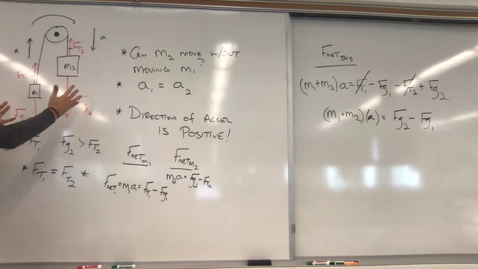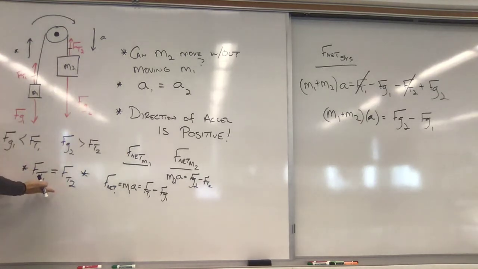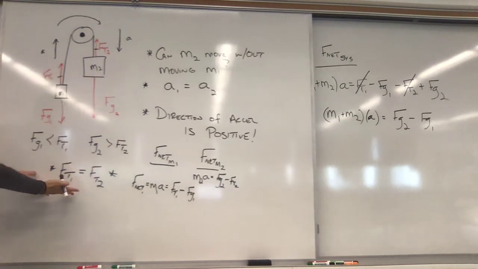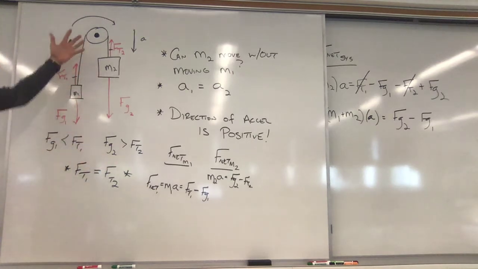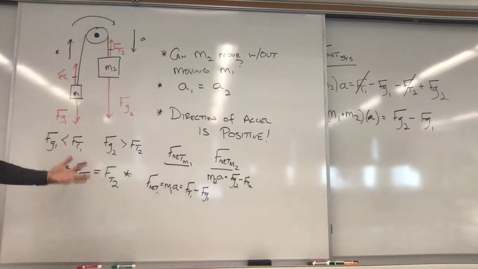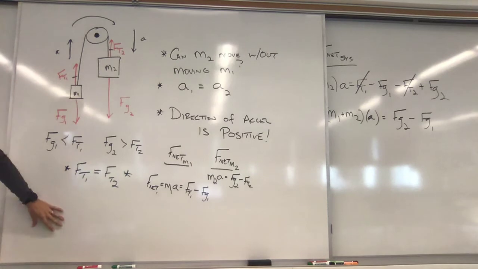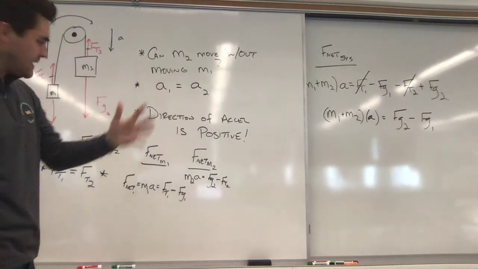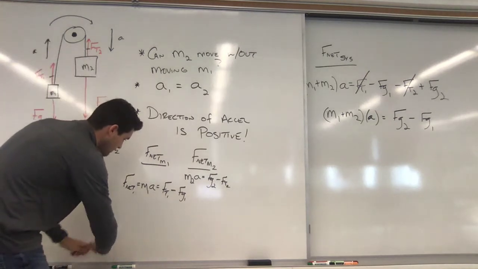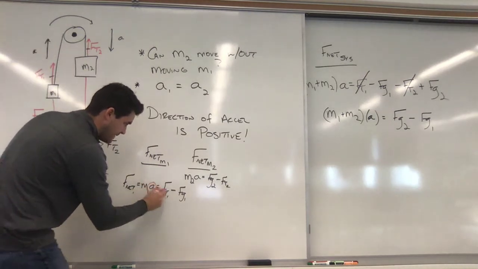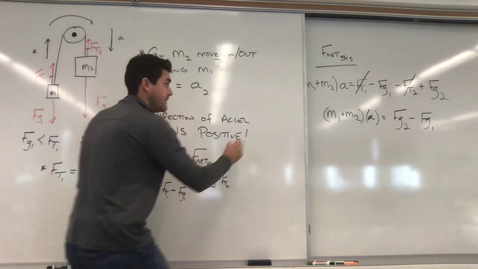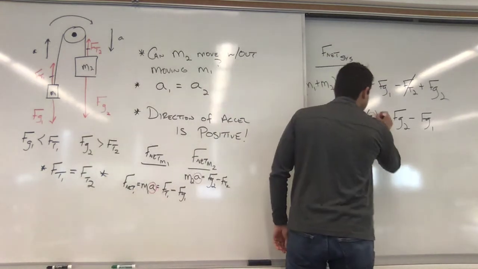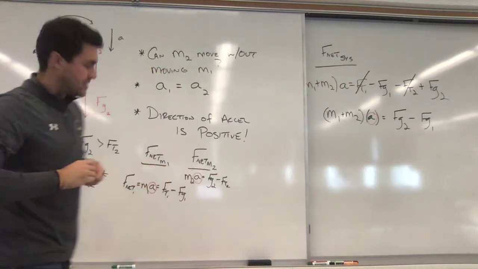Okay? These are all of the big ideas when it comes to masses hanging over a pulley. I have my free body diagram. I make sure that I go ahead and use inequalities or equalities to represent how big or small these forces are compared to both objects. I think about the acceleration of the objects. The acceleration is the same, which means that the acceleration in this F-net, the acceleration in this F-net, and the acceleration in this F-net are all the same.